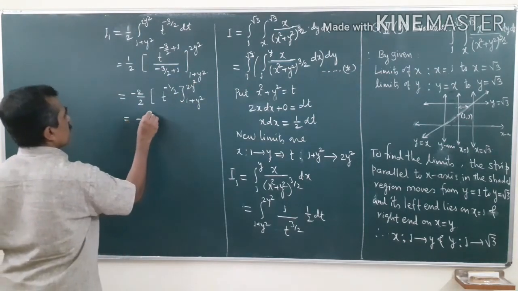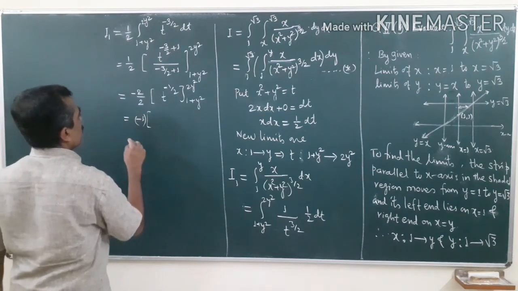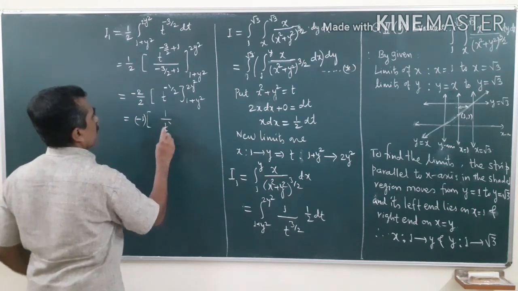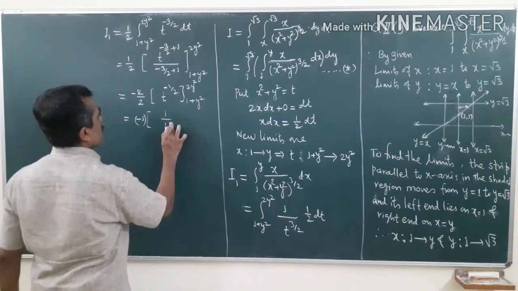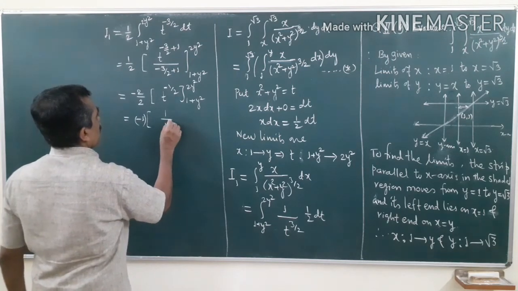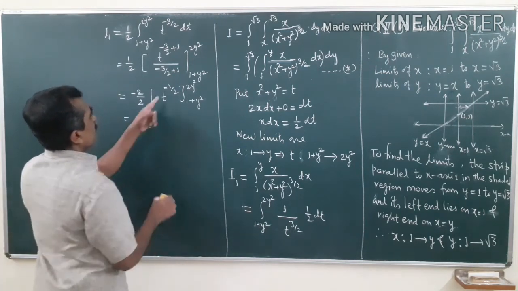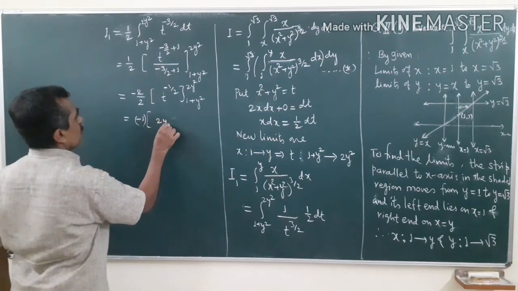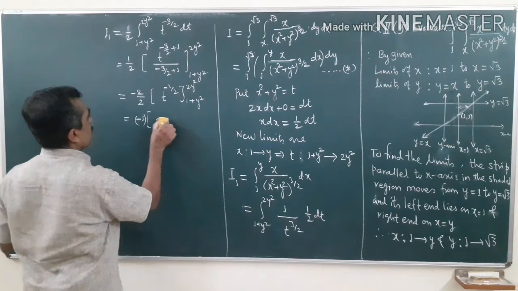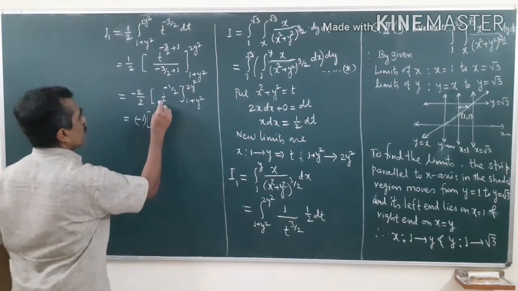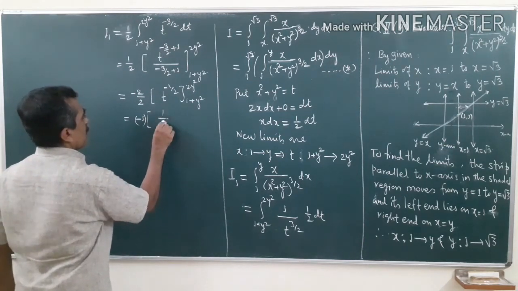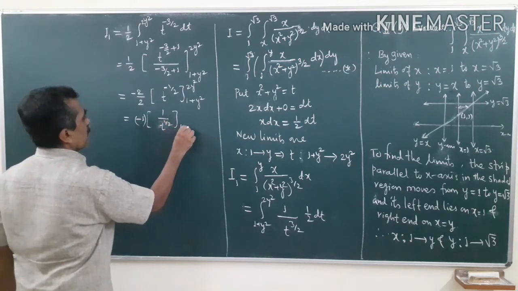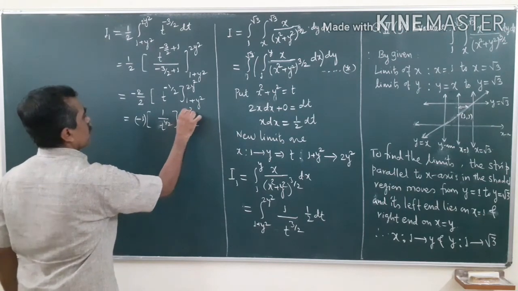Or I may write this as minus 1 into the bracket of 1 upon t raised to half, it makes no difference. To make it simple, I will write 1 upon root t, between 1 plus y square and 2y square.